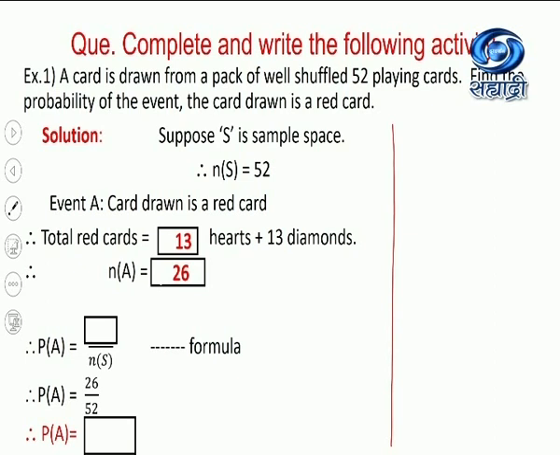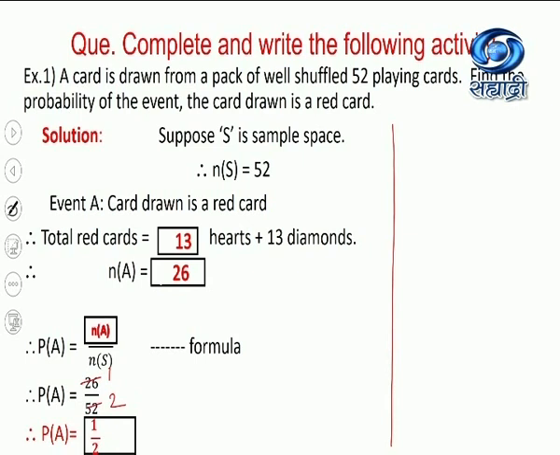Therefore P of A is equal to N of A upon N of S. So this is the formula. Now let me substitute values. So P of A is equal to 26 upon 52. After cancellation, 26 1s are 26, 26 2s are 52. Therefore P of A is equal to 1 upon 2.